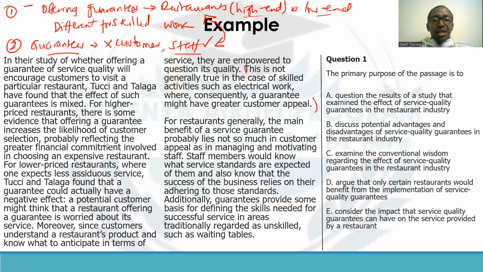And then in the second paragraph, they introduce the thought that for restaurants, the main benefit is not actually attracting customers or customer appeal, but staff. So when the guarantees are there, the staff know the standards that they have to maintain. And once you know that, that's all.